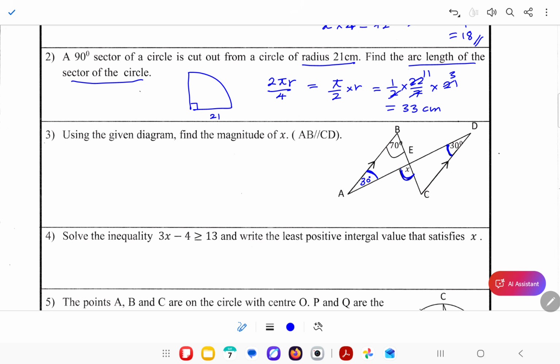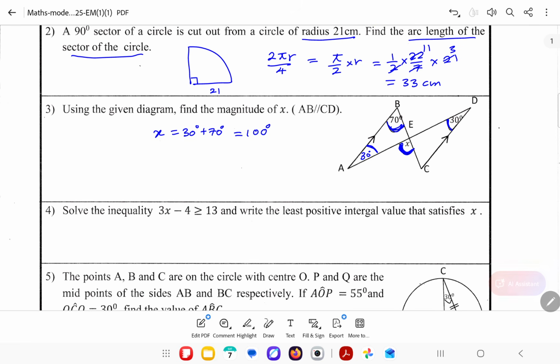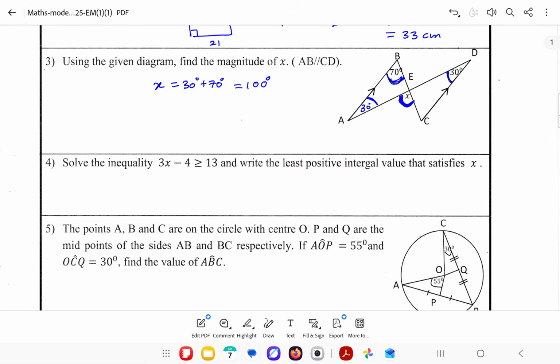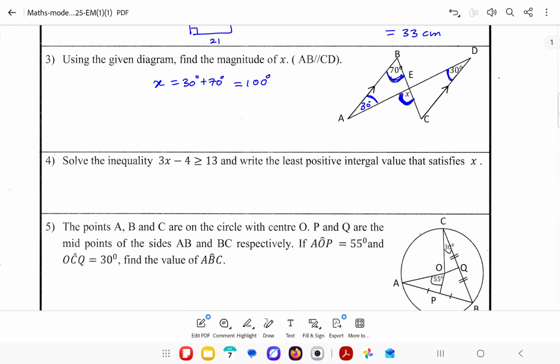This is the external angle of triangle ABE. External angle is equal to the two internal angles, right? So x is equal to 30 plus 70, so 100 degrees.